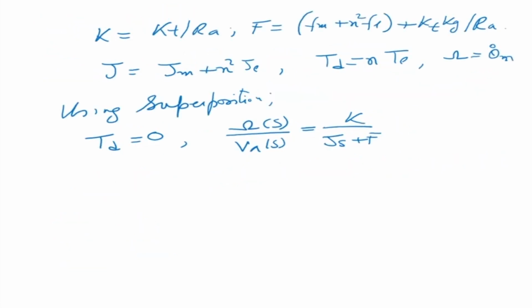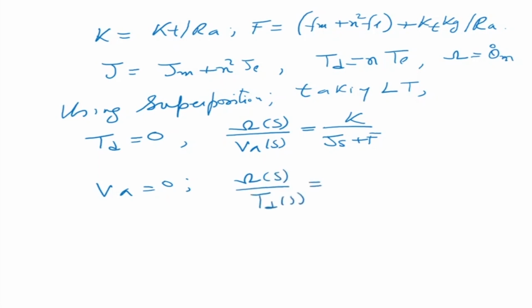So using superposition and taking the Laplace transform, I get this transfer function. Now I put VA is equal to 0. Then omega(s) by TD(s) is equal to 1 by (JS plus F). Okay, so I get these two transfer functions.